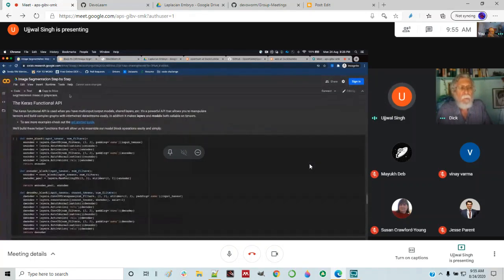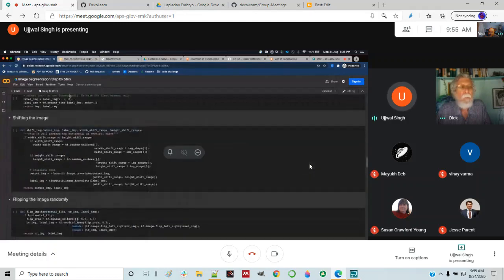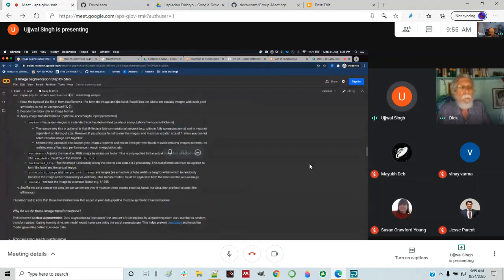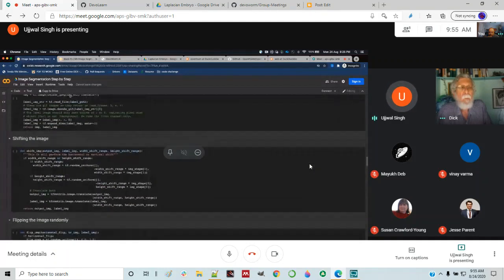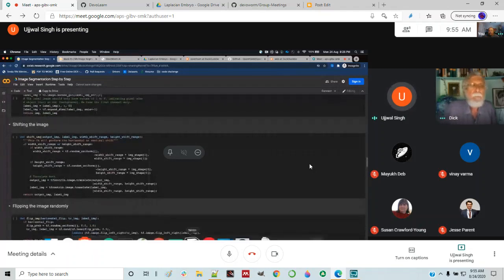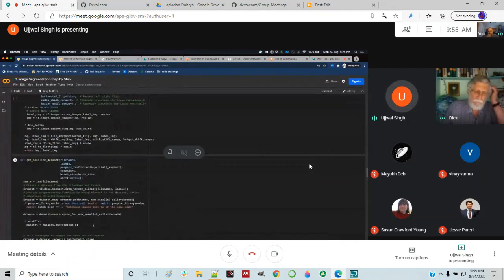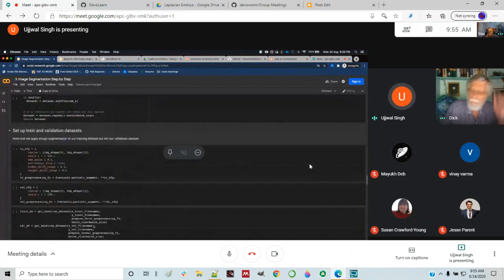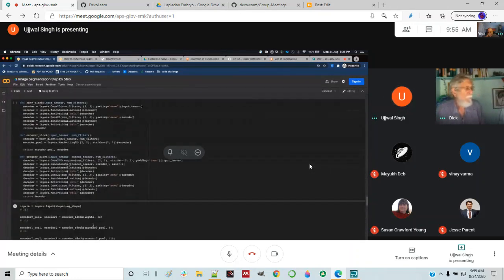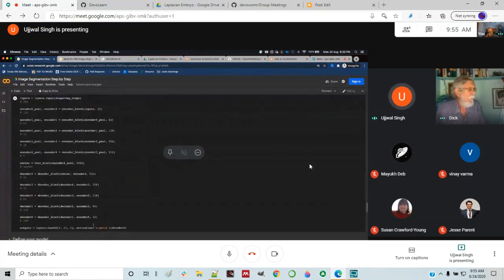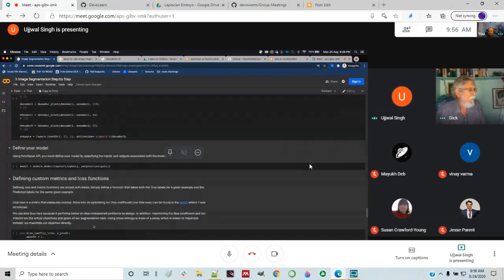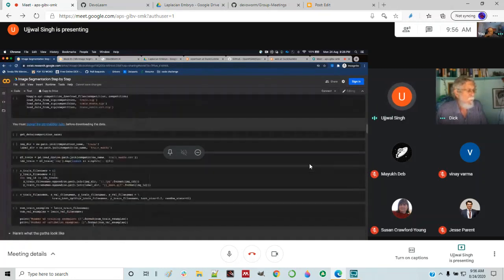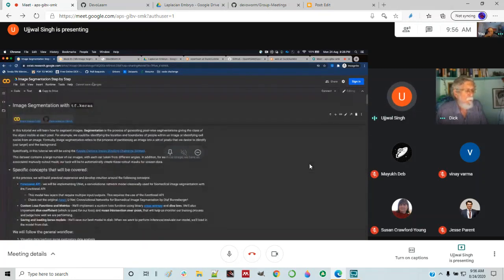The image segmentation notebook by TensorFlow is not completed yet, but I am trying to give as much detail as I can so that if people want to understand how things work, they can get into it as deep as they want. It will be complete by tonight.